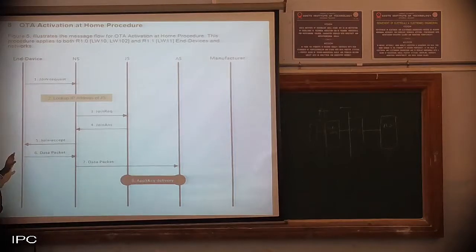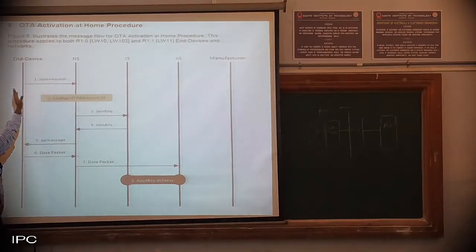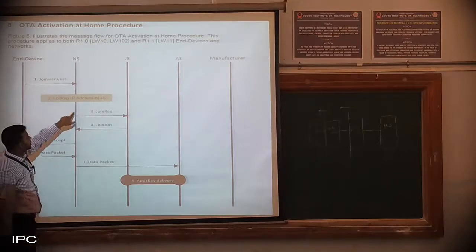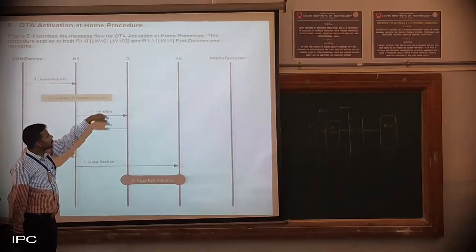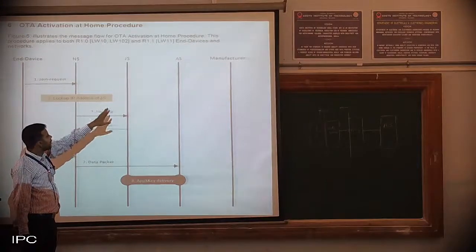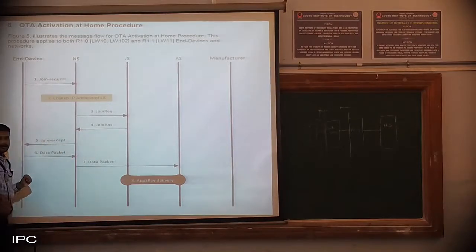So here, first a join request will be sent from the end device to the network server, which looks up the IP address, meaning it will check the IP address of the join server also. If it is matching, then the network server transmits that join request to the join server, and it will send back a join answer.